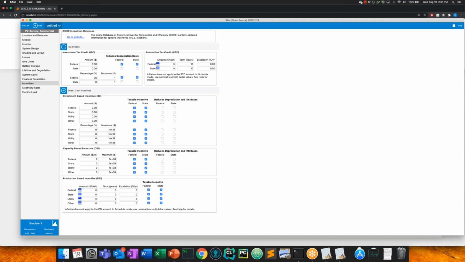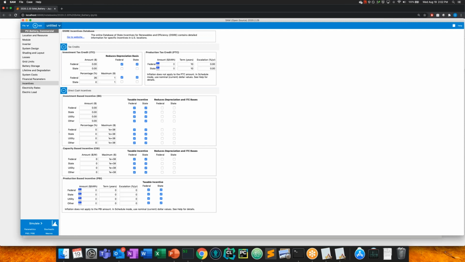And those kind of limits SAM does not impose. So it's up to you to set up the incentive for a case where the system operates in such a way that it would qualify for the incentive. And then you have to look at the simulation results to see whether it violated any of those requirements, and then refine your design if it did.